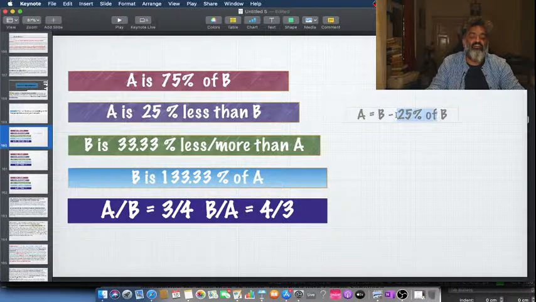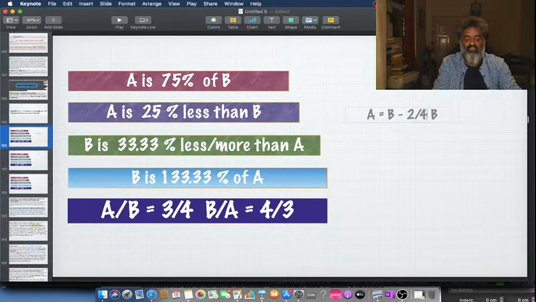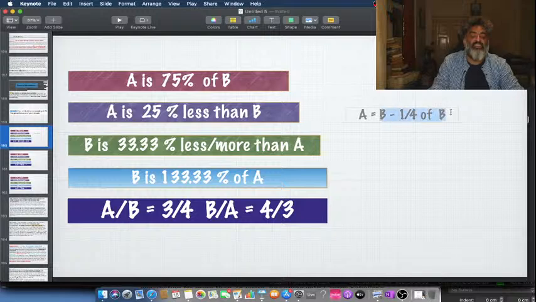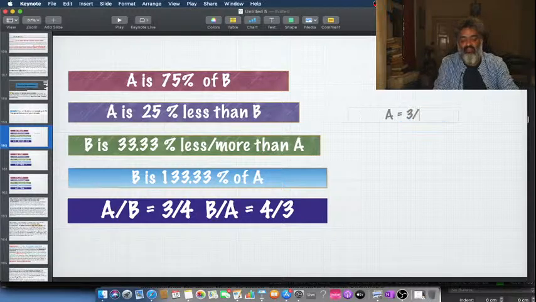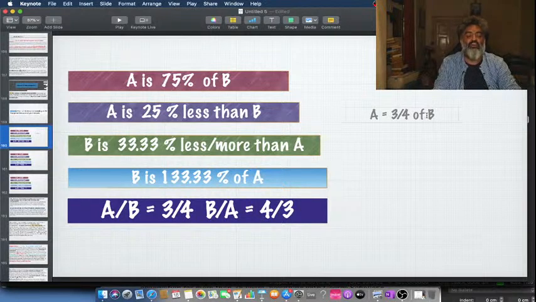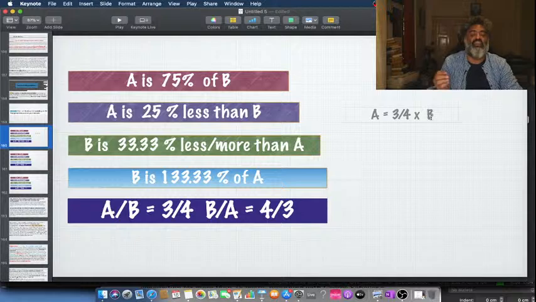And then we have learned that instead of 25%, I can write 1 by 4 of B. Yes? And then B minus 1 by 4 of B can be simplified into 3 by 4 of B. So later in our shortcuts, we'll not even write this much, we'll just say A is 3/4 of B. Now the moment I write it like this, 3/4, I know 1 by 4 is 25%, so 3 by 4 is 75%.